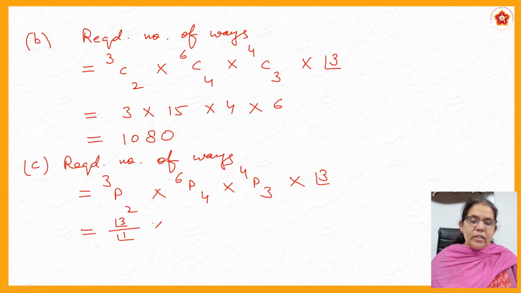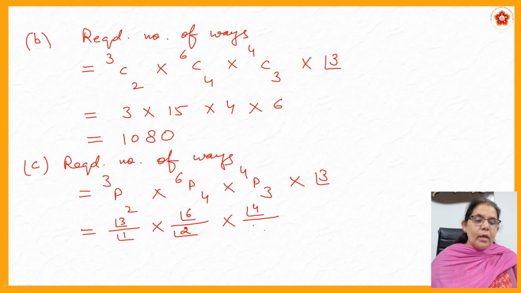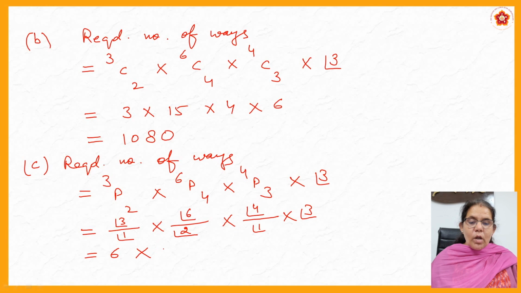This will be factorial 3 divided by factorial 3 minus 2, which is 1. This is factorial 6 divided by factorial 6 minus 4, which is 2. This is factorial 4 and 4 minus 3 is 1, and the last one is factorial 3. When we solve it, it is 6 here.